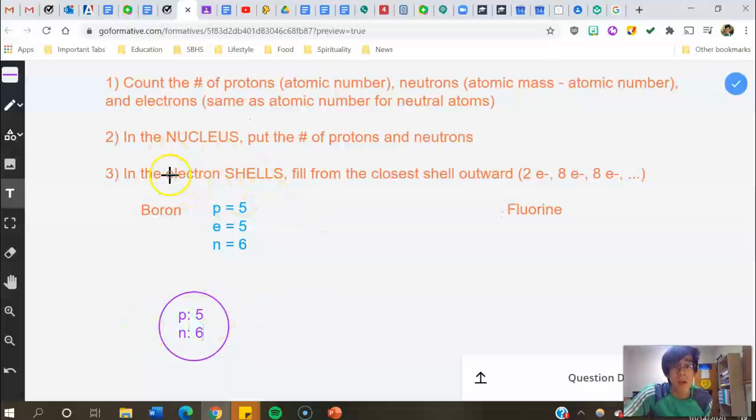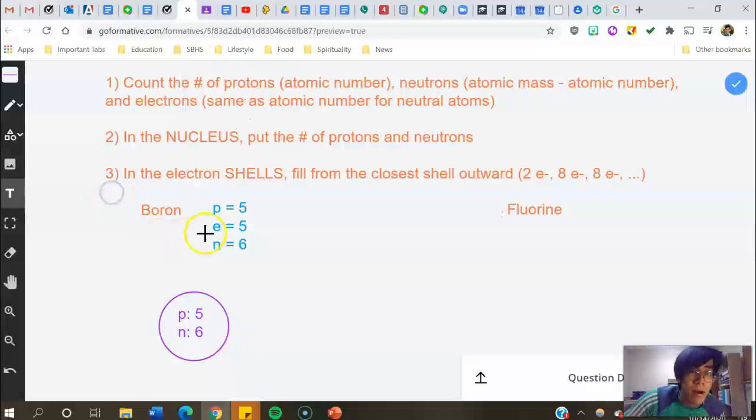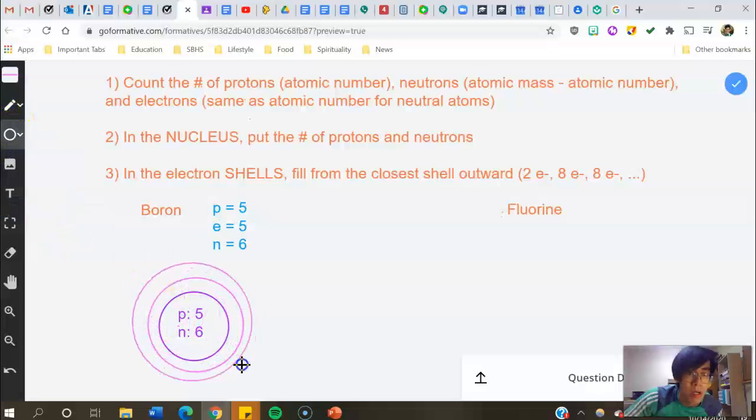So now you're going to draw the electron shells for step 3. So let's use a different color so it's easy to look at. Let's use pink. All right, so for these two, I need you to draw 2 shells. Okay, so let's use the shape function using a circle, and this is shell number 1, and do one more, shell number 2.